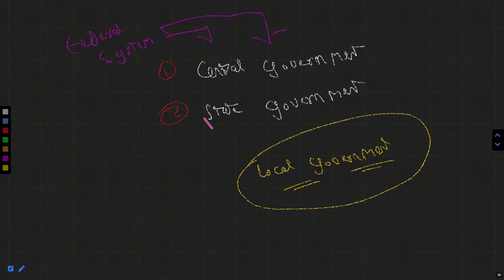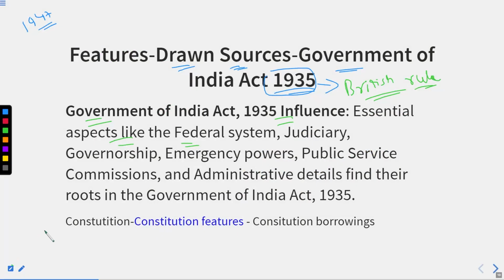The central government is responsible to the nation as a whole, whereas the state government is responsible to the particular state. That system was mentioned in the 1935 Government of India Act as a federal system.